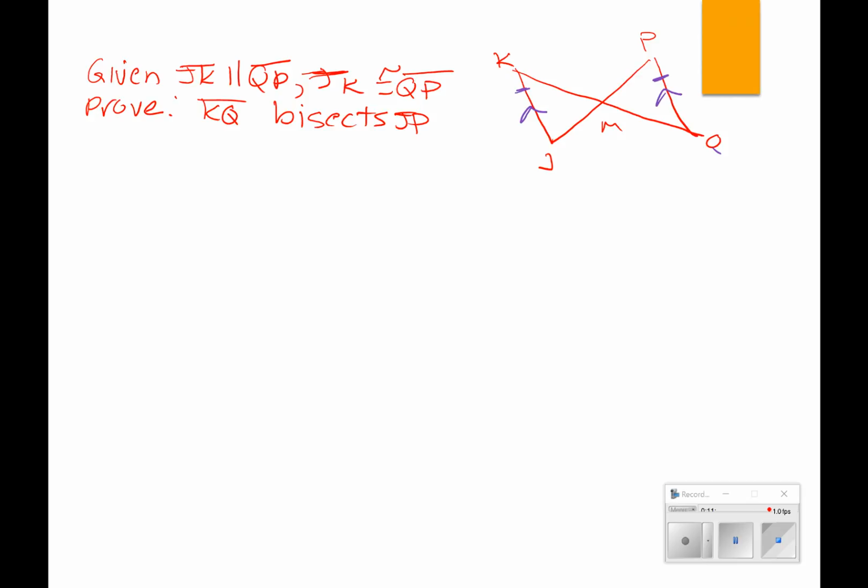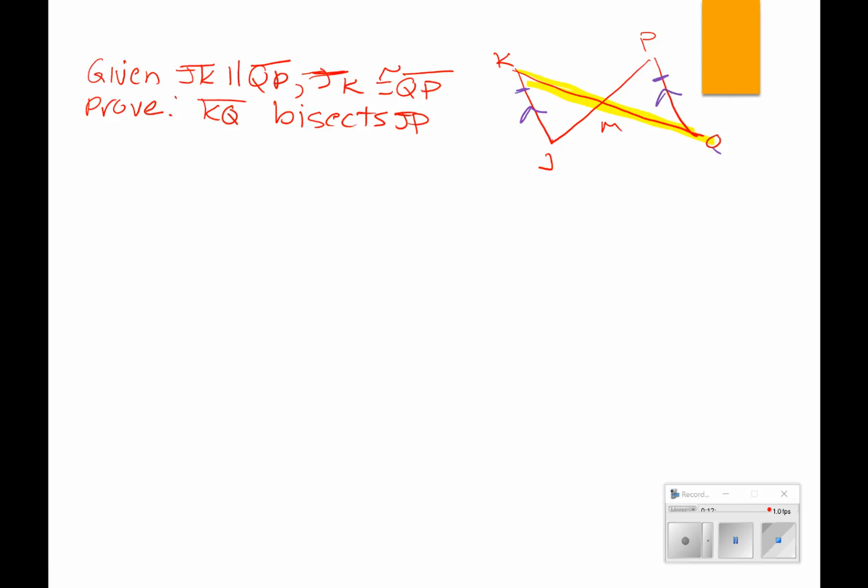And I want to prove that KQ, so this line right here, bisects JP. So we're going to need to prove that JM is congruent to PM. We're going to prove that the triangles are congruent to do that.